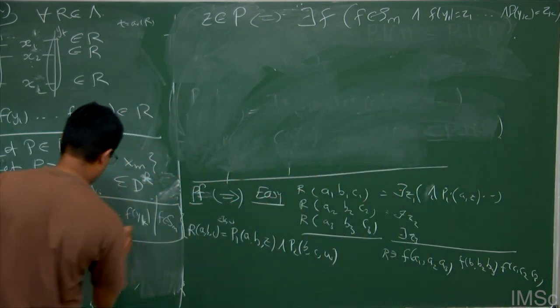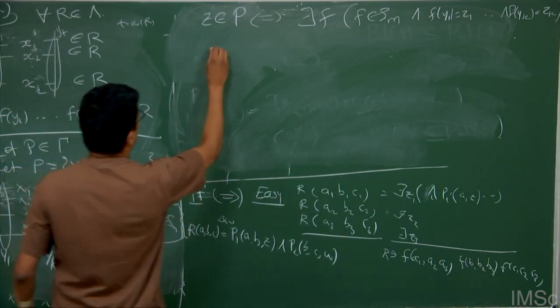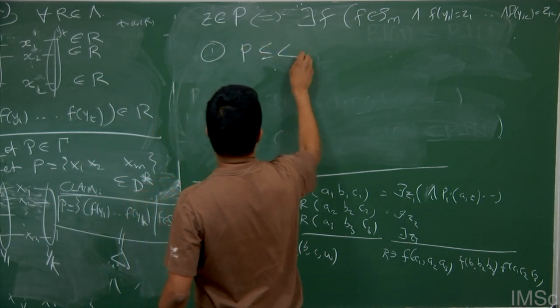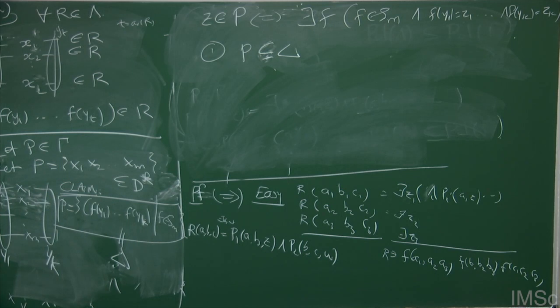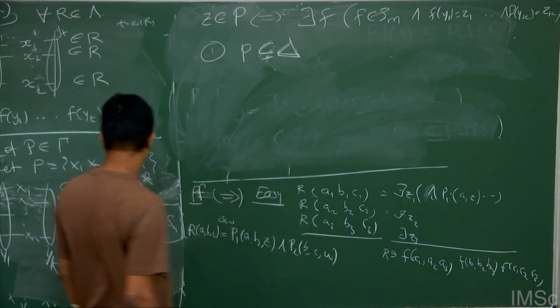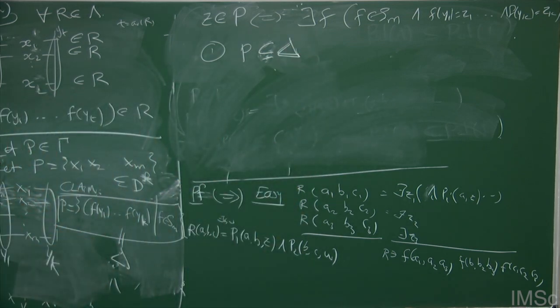Let's call this right hand side delta. So part 1: P is contained in delta. Both parts are simple, but part 1 is maybe even easier. Anyone see why this is the case, that anything in P must be in the right hand side? So what are all the things in P? These are x1 through xn. I want to get each one of these rows as f of the columns for some f.